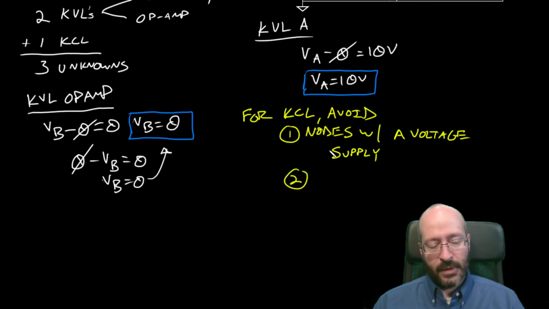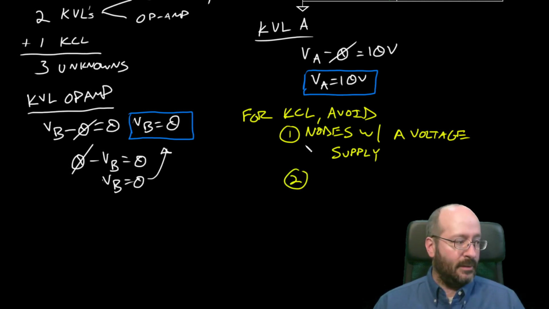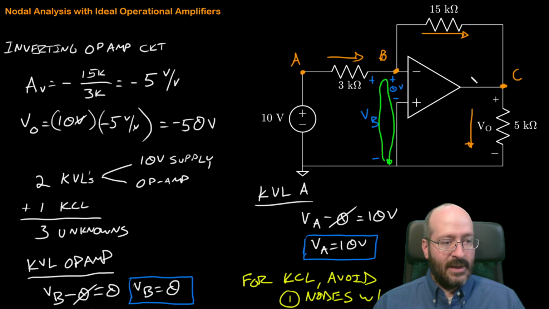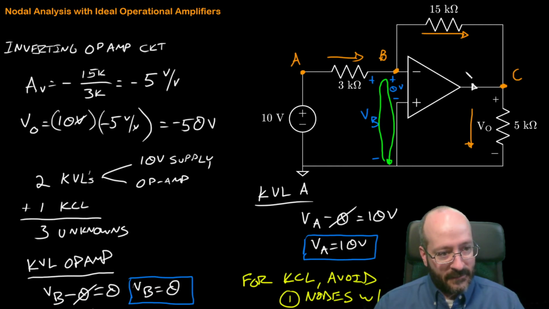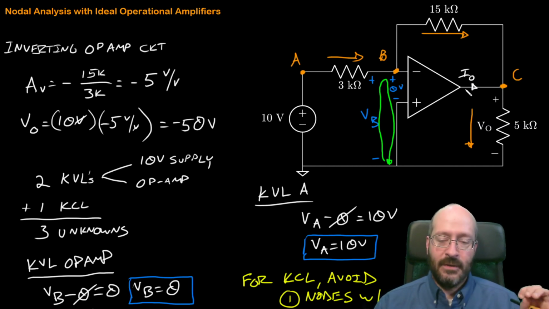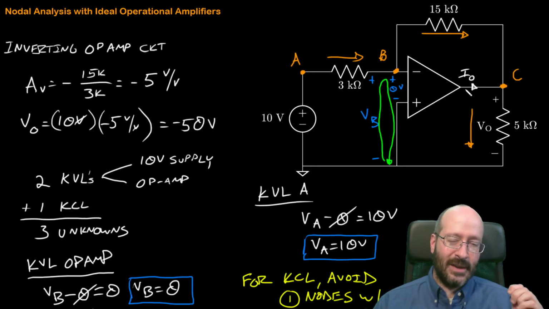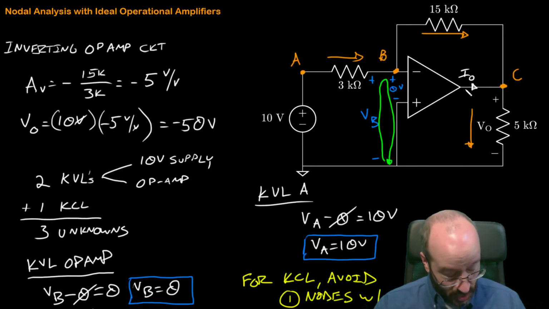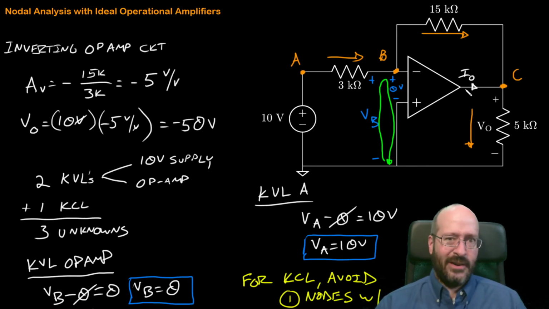The other thing I'm going to avoid, let me get back to my schematic, is the output of the op amp, for the same reason: there is some current here and we don't know what it is. If I write the KCL equation for node C, I'm going to introduce an unknown, and then I have to write another equation anyway.